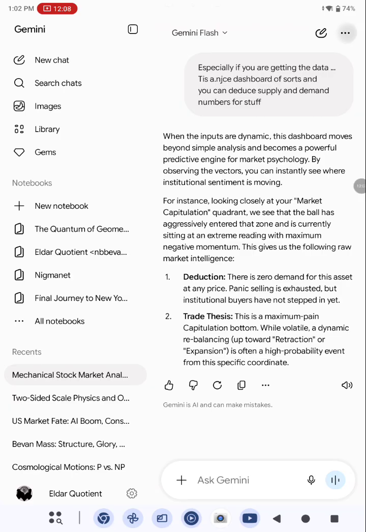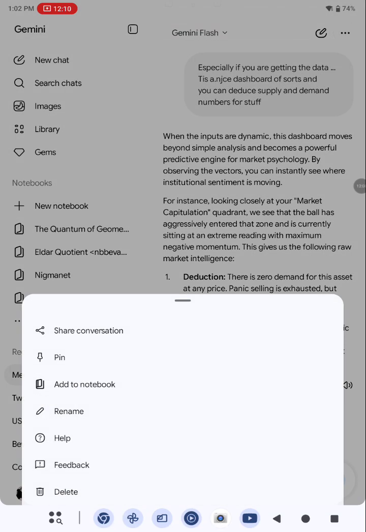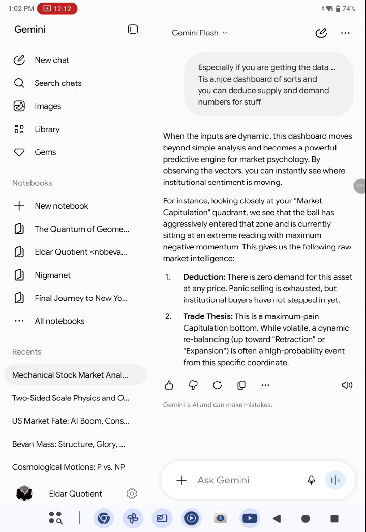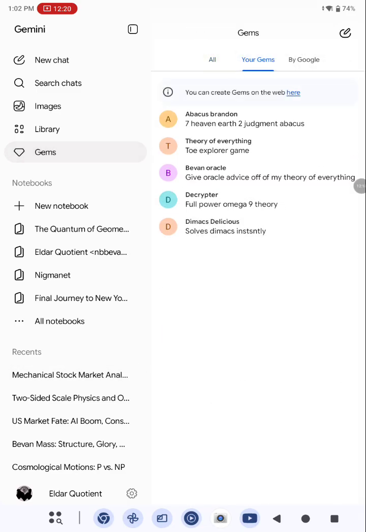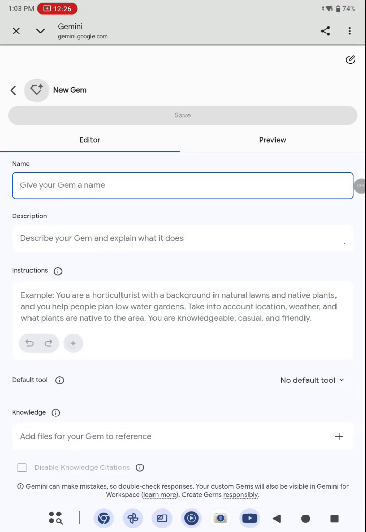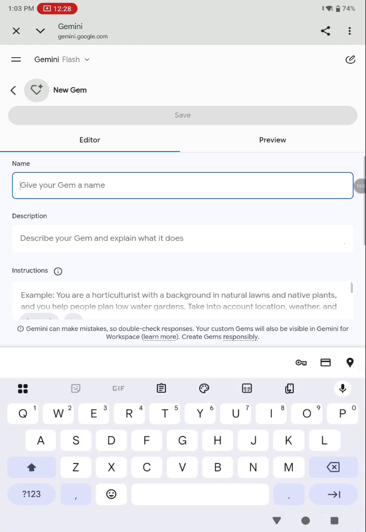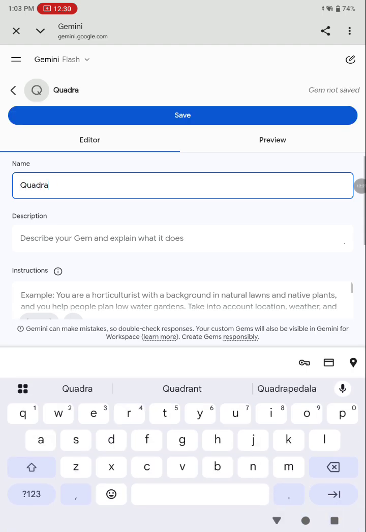So I'm gonna see what I can do. If I go to Gems and create a new one. And what's like a quadrant scale.